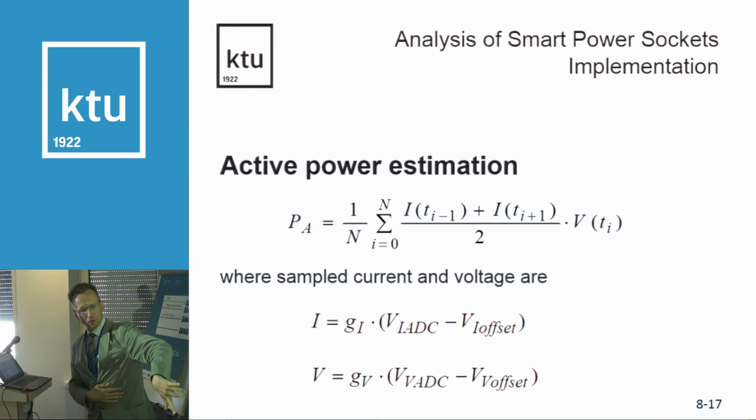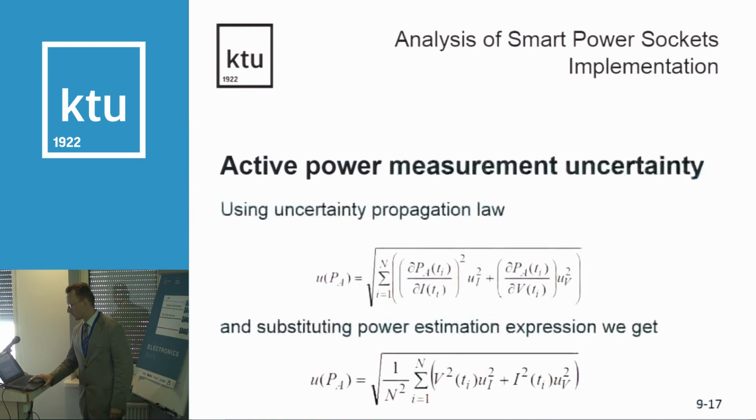So gains. We then have the voltage at the input of the current and voltage channels that we sample, and the offset corresponding to current and voltage, a simple linear dependence.